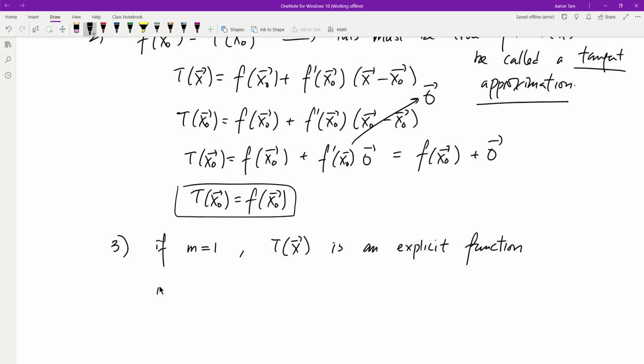What if m is not equal to 1? In this case, I should say m is greater than 1. Then T of x is a parametric representation. Once again, it shouldn't be a surprise, because if m is greater than 1, then the function f itself is a parametric representation, so T, the tangent approximation to it, also becomes a parametric representation.